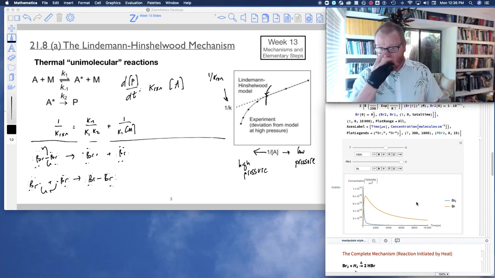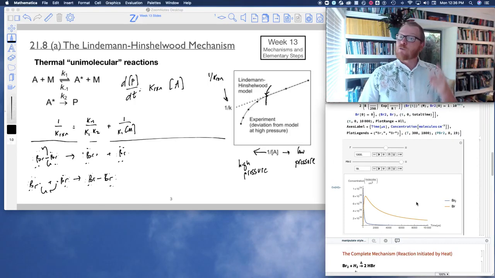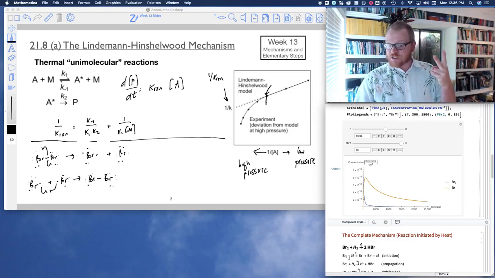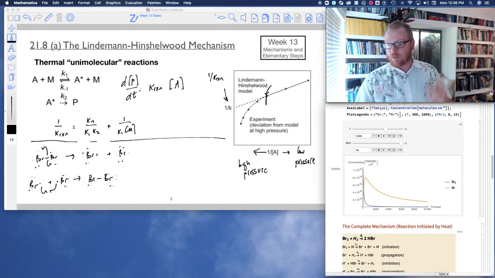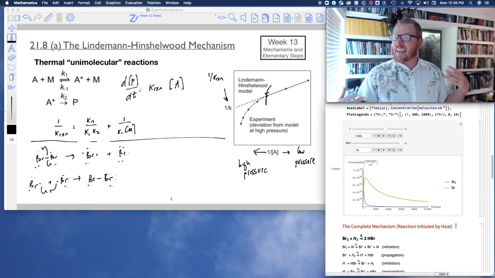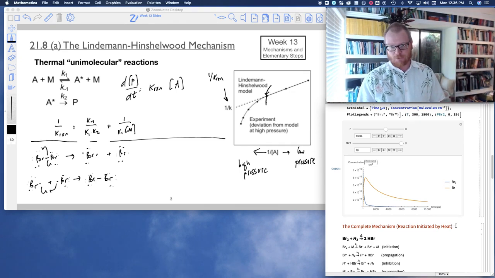This is often why in gas phase kinetics, if we have a 2-body reaction, like Br2 plus H2, for example, we often pump in a third inert body like helium or argon or something like that, okay?